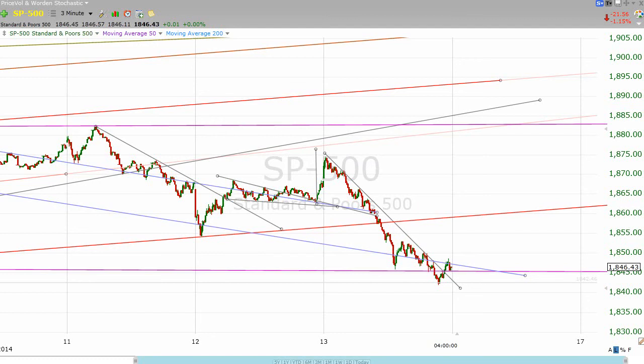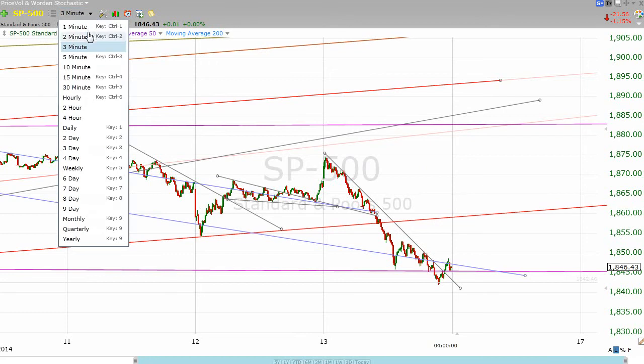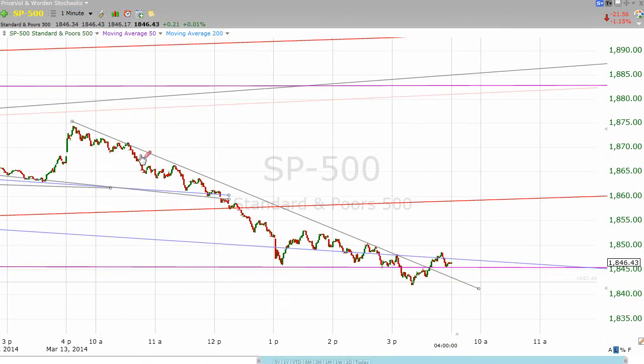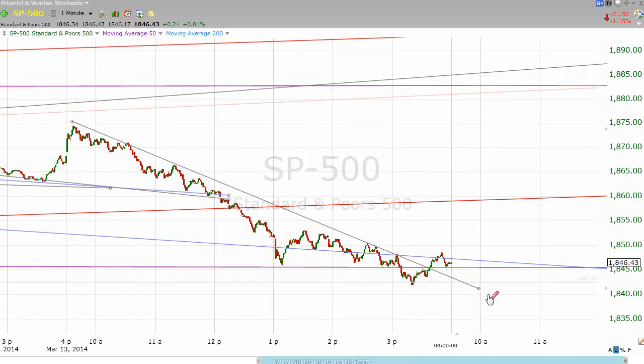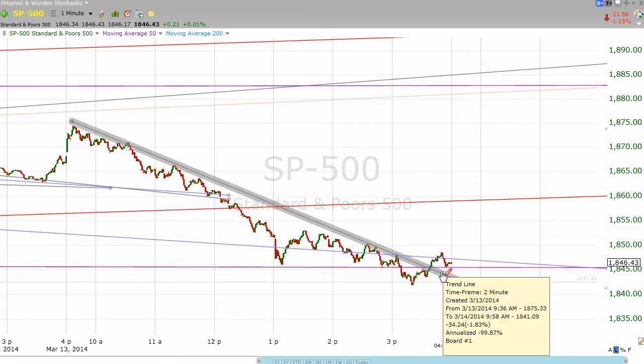So, let me get rid of this little line. You see that when we started to sell off today, there was a pretty clearly defined trend line showing where the majority of our tops lined up, and we ended the day under this line.